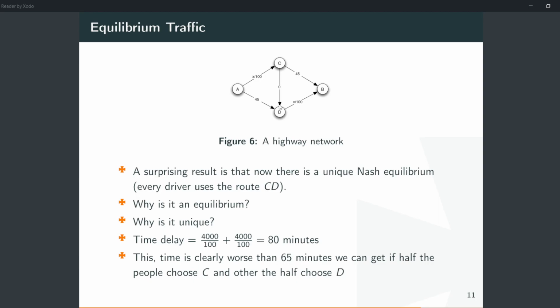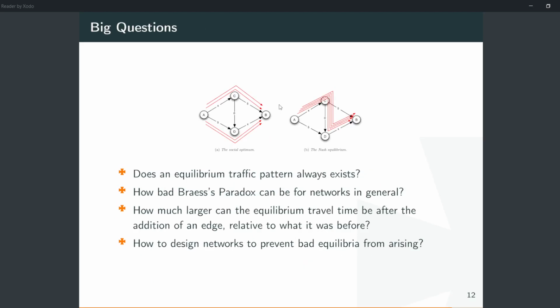Okay, so that's the end of this discussion, but I want to tell how you can move forward from this. What are the big questions that you can take away from this small video? First question is, does an equilibrium traffic pattern always exist?